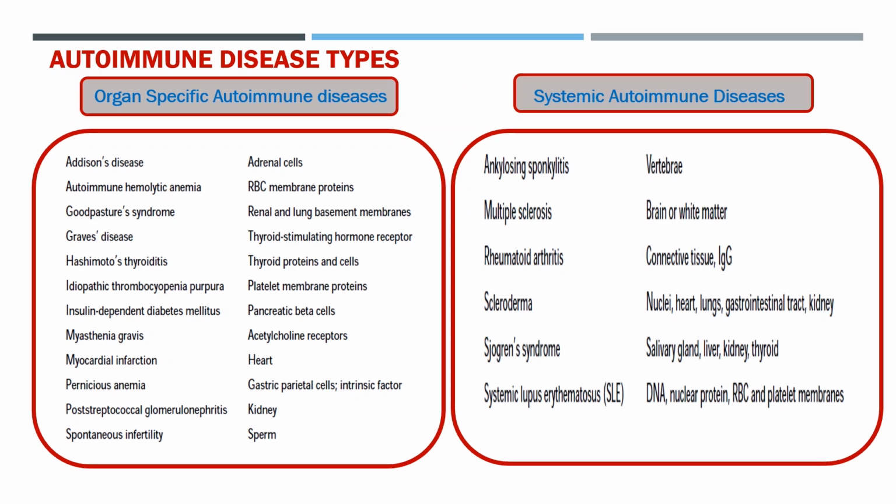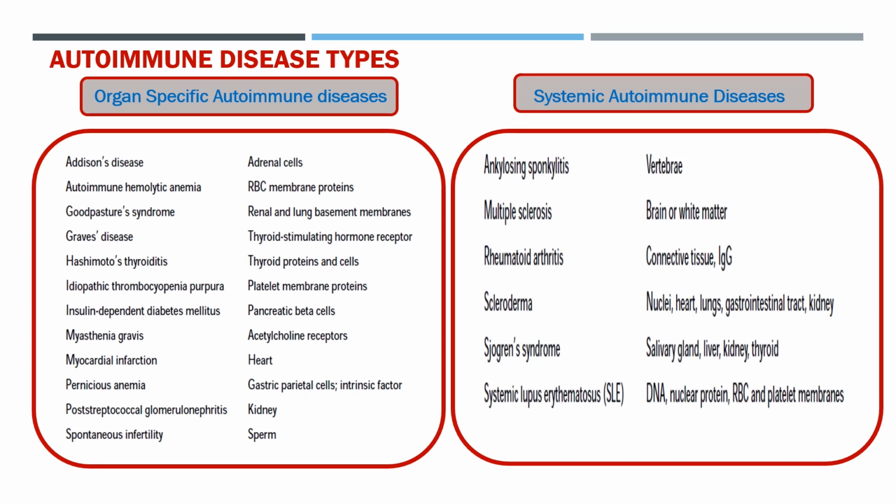This slide is essentially showing the different types of autoimmune disease as I mentioned earlier. The organ-specific ones are those that are directed towards specific organs. For example, if the adrenal cells are affected, they may tend to come down with Addison's disease. Red blood cells, if they are affected, could predispose the patient to autoimmune hemolytic anemia.